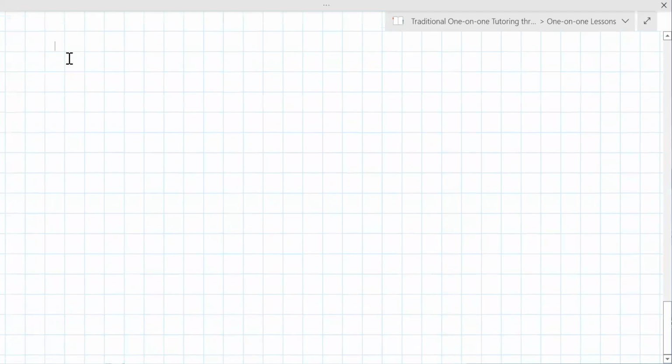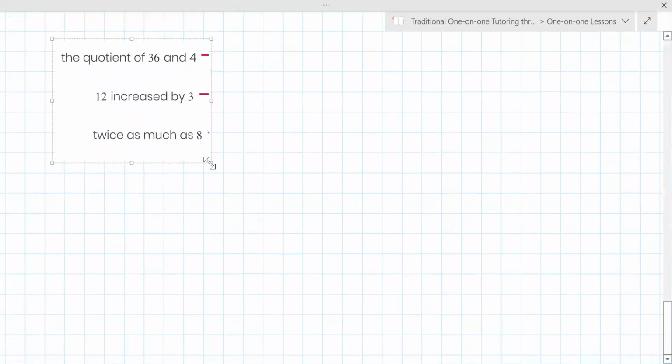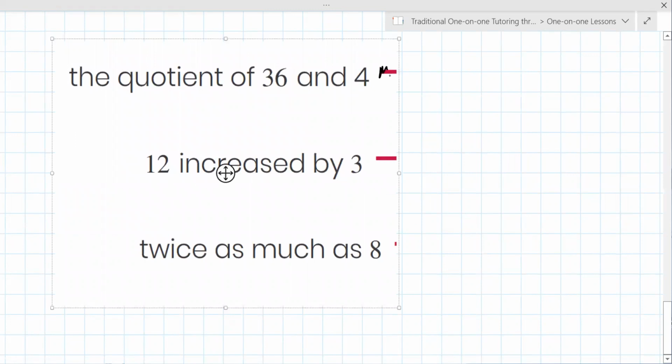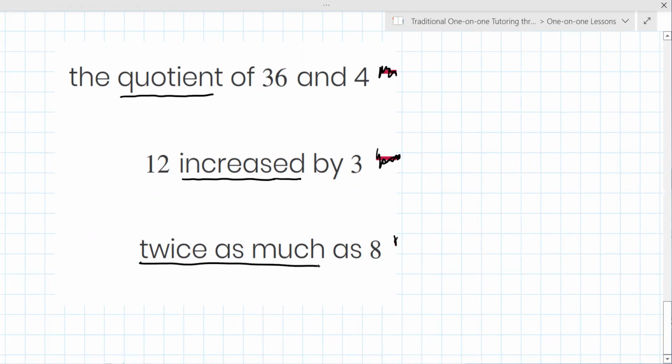All right, so here are a couple of examples, and you can ignore this thing on the right here. That's just a fragment. Can you do any of these? Here are the keywords: quotient, increased by, and twice as much. Can any of those stand out for a math operation?